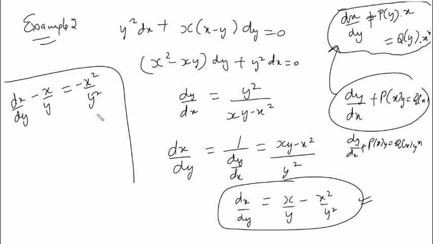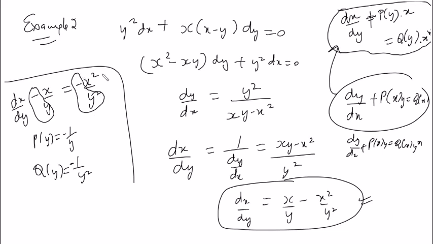This is a Bernoulli's type because I have p of y as minus 1 by y, and my q of y is minus 1 by y square, and additionally it is being multiplied with the term x square. The right hand side is q of y into x square.